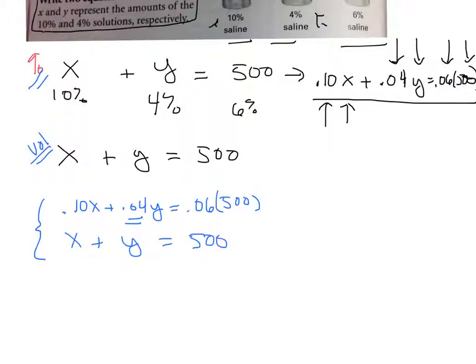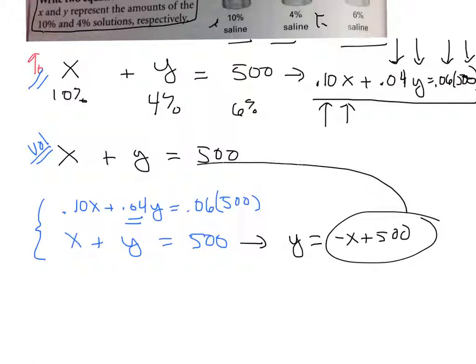And quite frankly, the easiest way to solve this is going to be using substitution. So I'm going to go ahead and rewrite this. So this is y is equal to negative x plus 500. And I'm going to plug this in for my y value, not my x value.